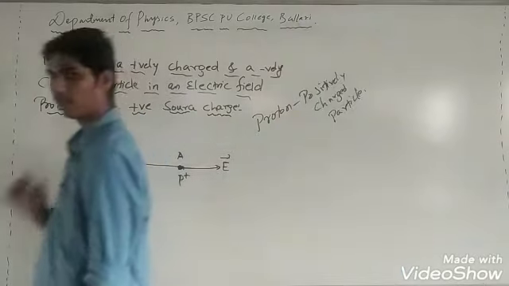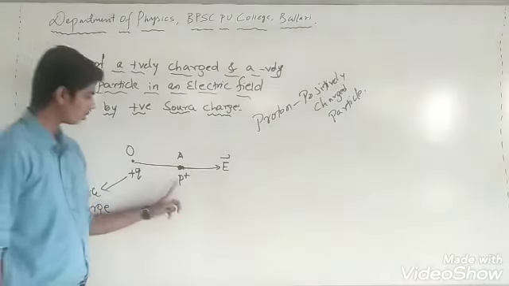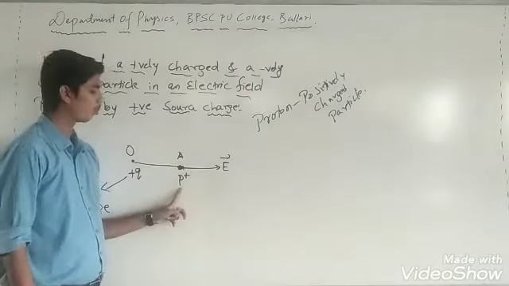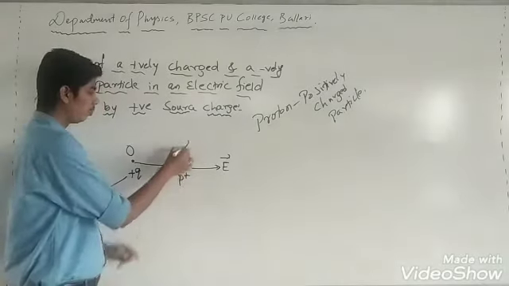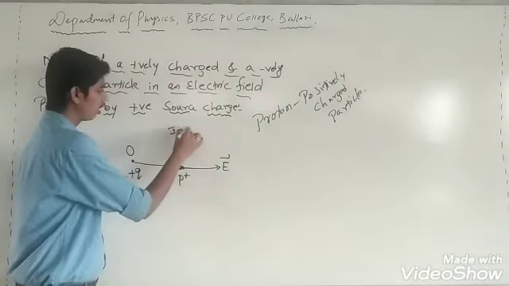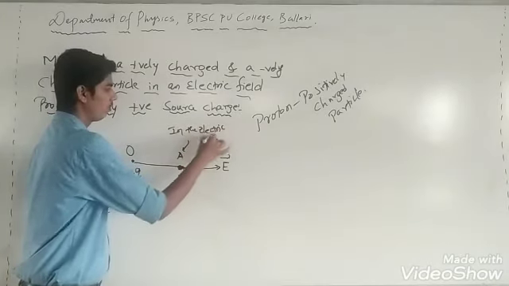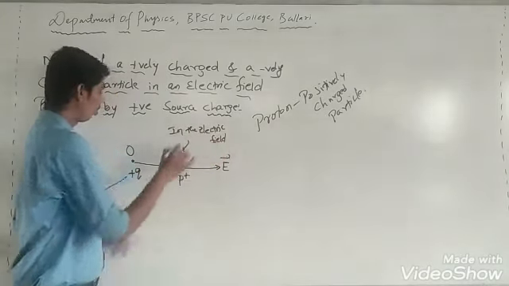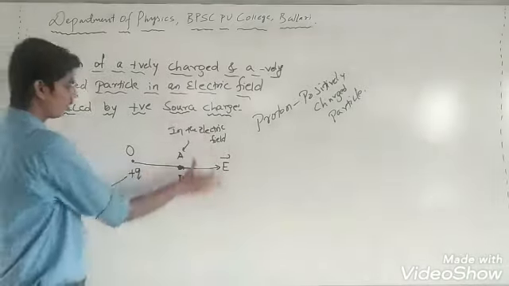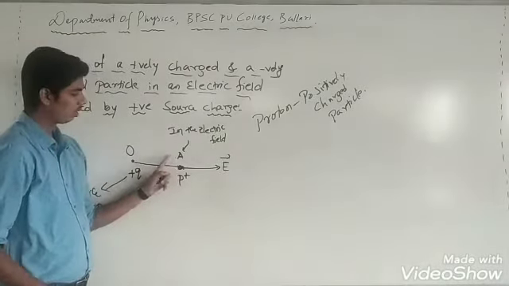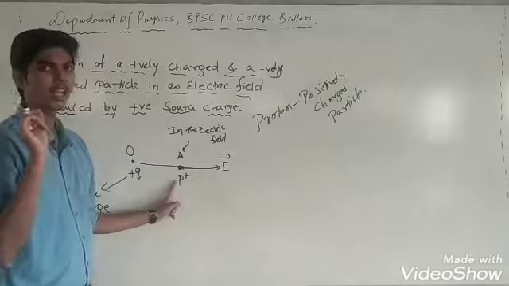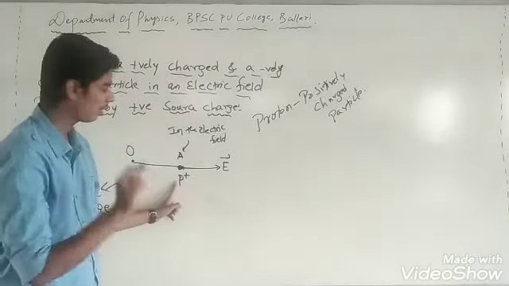So what I have done is I have placed a positively charged particle, proton, at point A. See, point A is in the electric field produced by Q. At this point A, I have placed a positively charged particle.